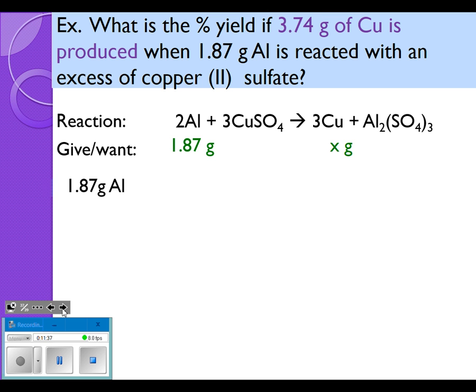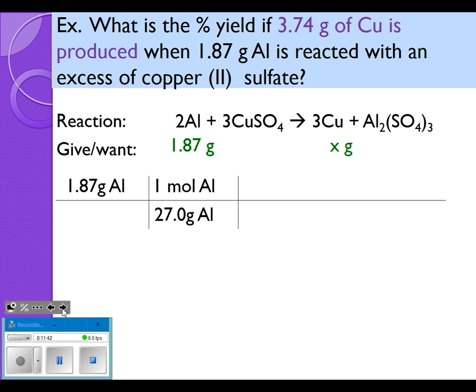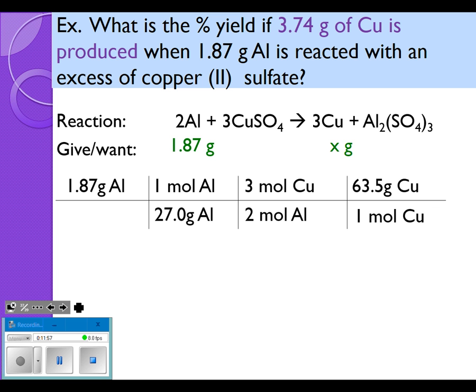Grams divided by the GFM to get it into moles. And then a mole-to-mole ratio of 2 moles to 3 moles of copper, because those are the coefficients in front of those elements from the reaction. And then 1 mole multiplied by the GFM of copper, just so I can go ahead and get that into copper. Okay?